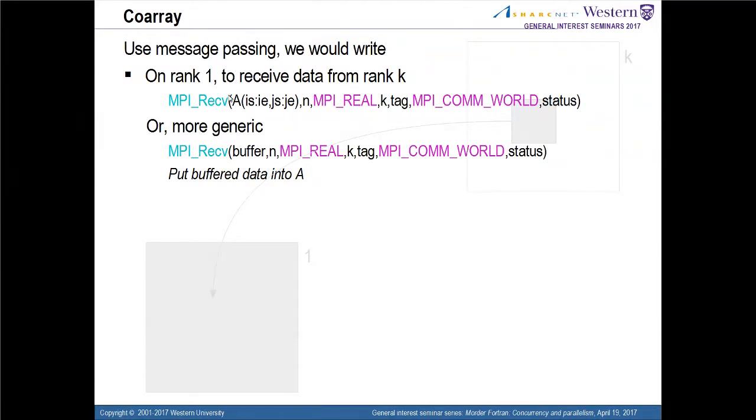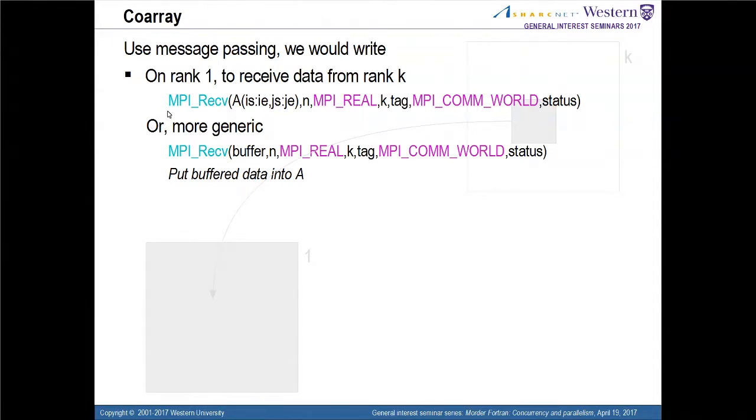On process 1, we call rank 1, and rank 1 will place a call to receive data from process K. We need to know what type of data we need to receive. It's a real. And from where? From a bunch of processes. K belongs to a bunch of processes in the MPI world communicator.